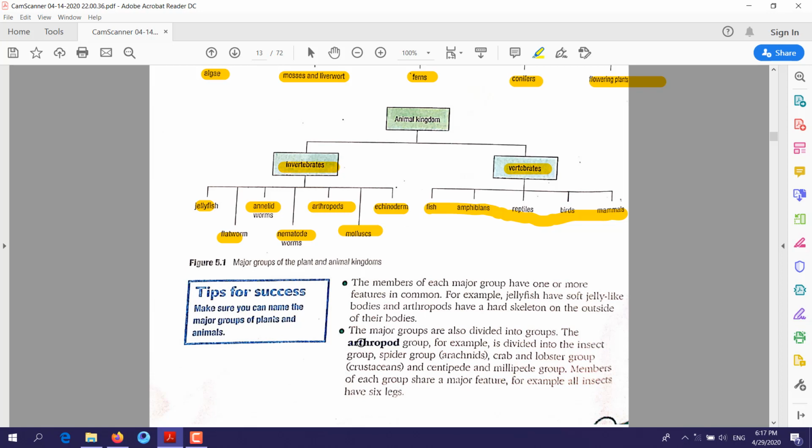An example is arthropods. They are divided into the insect group, spiders, which are arachnids, crabs and lobsters, which are crustaceans, and the centipede and millipede group. So now each group can also be divided into other smaller groups.